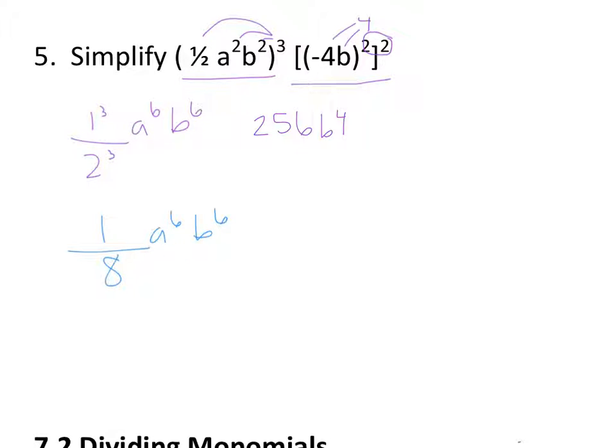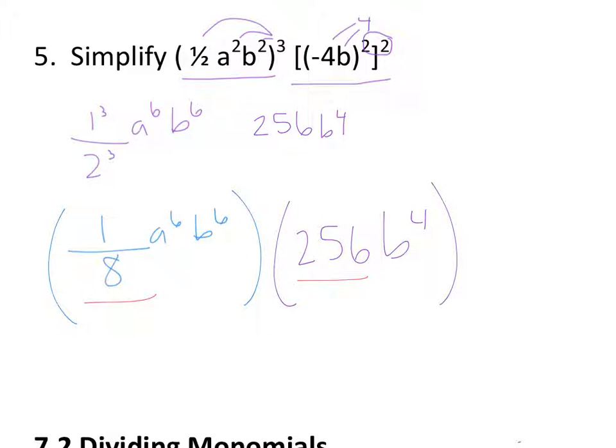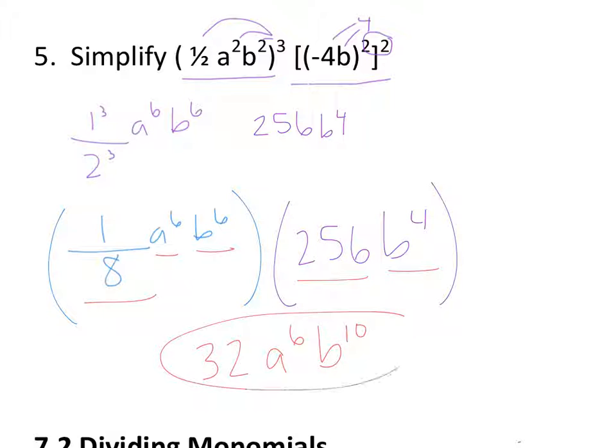And now I need to simplify 1/8, a to the 6th, b to the 6th, times 256 b to the 4th, and I'm going to take 1/8 of 256 to give me 32, and then a to the 6th, there's no other a's over here on the second monomial, and then b to the 6th and b to the 4th give me b to the 10th, and that is my answer.